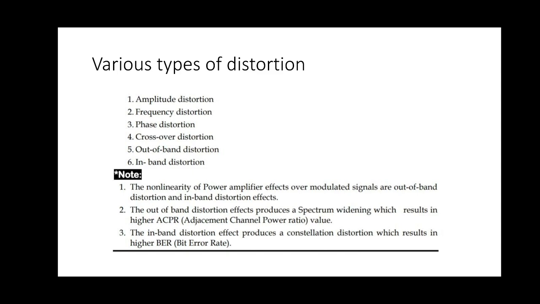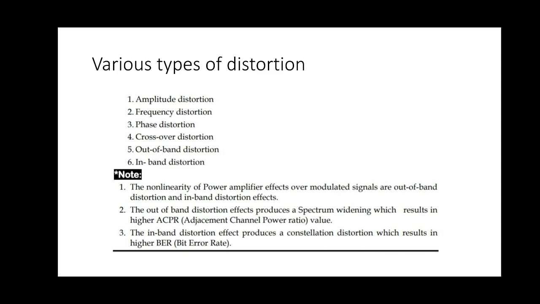The peak value of the output waveform of the power amplifier is clipped due to a shift in operating point. So the output waveform is not exactly the same as input. This type is called amplitude distortion. It will reduce the efficiency.